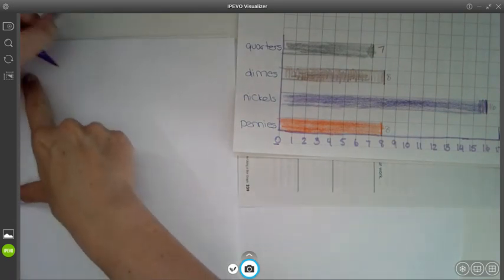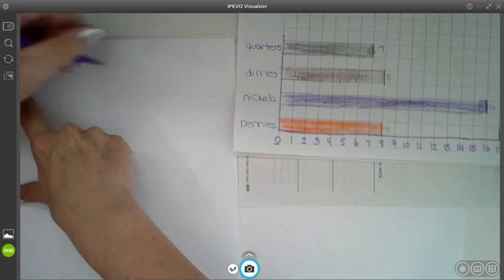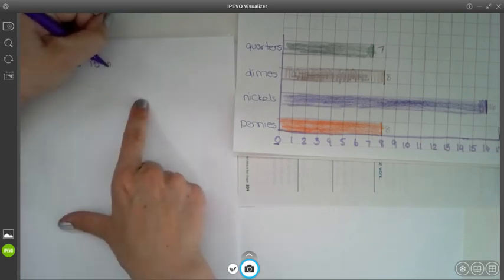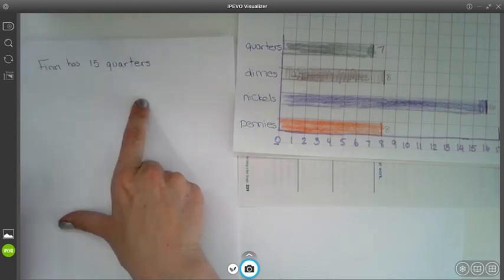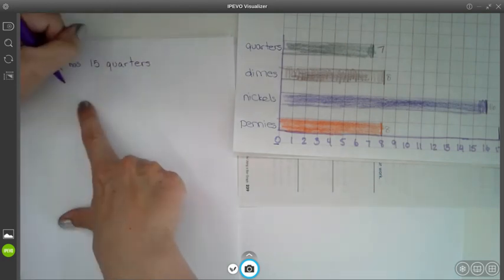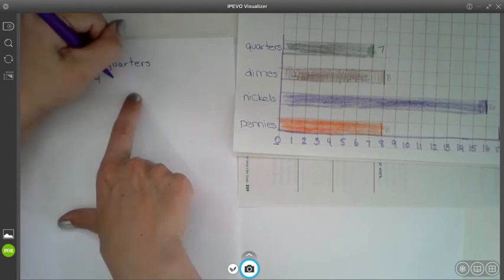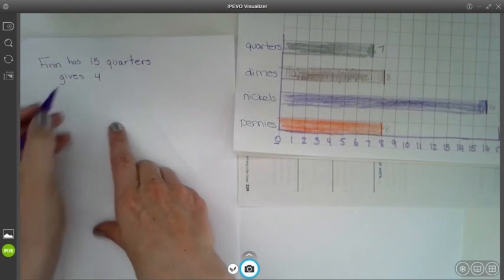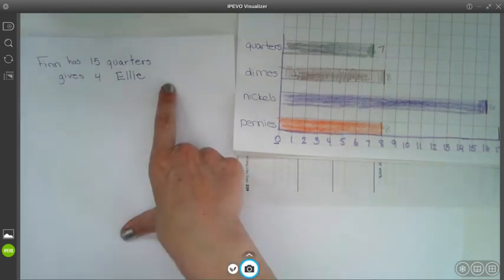So that's the information that we know. We know that Finn has 15 quarters. He is super nice, and he gives 4 of his quarters to Ellie. So Finn gives 4 to Ellie. Now she has $1, as we know.